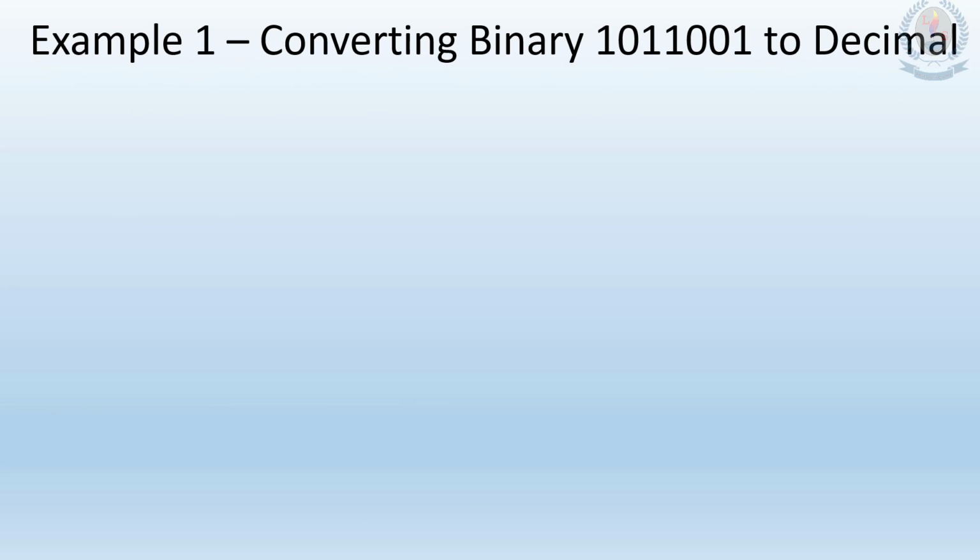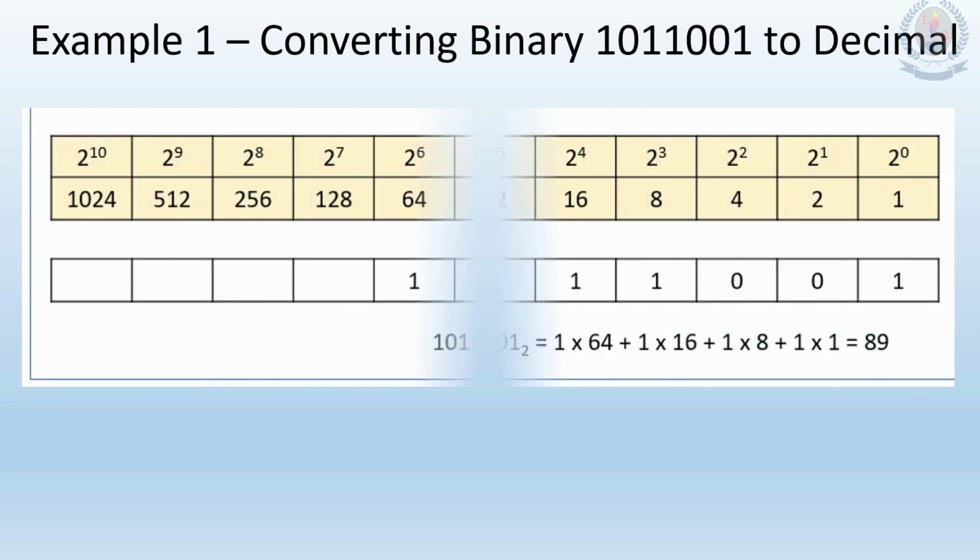Let's see how it happens with an example. Converting binary 1011001 into decimal. You write the binary number and then you give the place value starting from 2 to the power 0, 2 to the power 1, 2 to the power 2, like that. You start from your right hand side to left hand side.